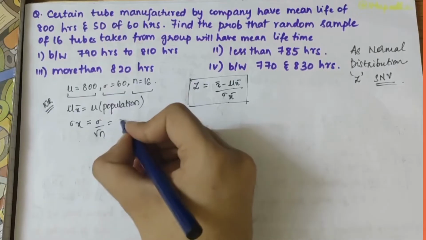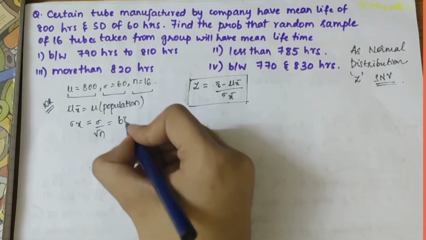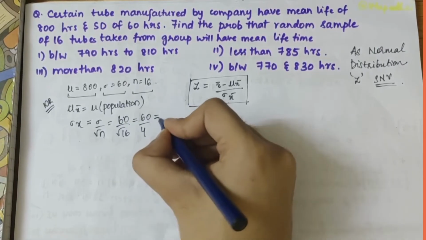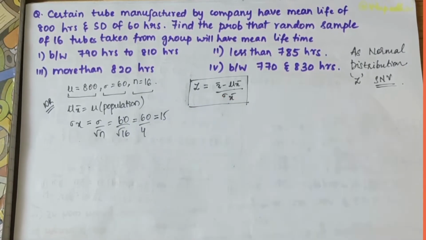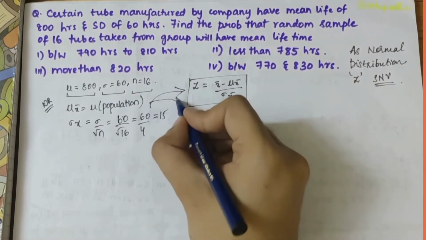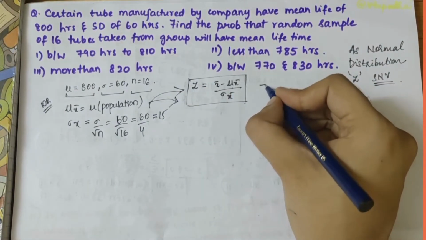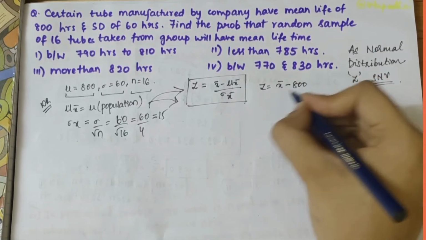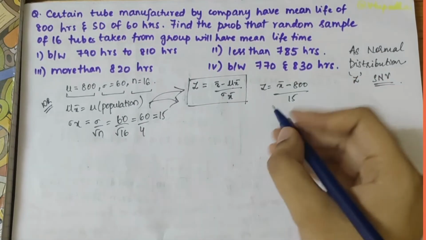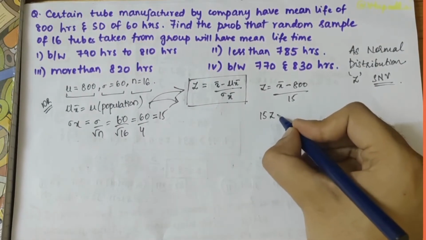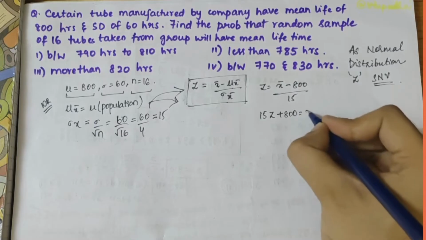So sigma is 60 by under root 16. Solving this, we get 15. So the formula becomes z is equal to x bar minus 800 by 15. We can further write this as 15z plus 800 is equal to x bar.